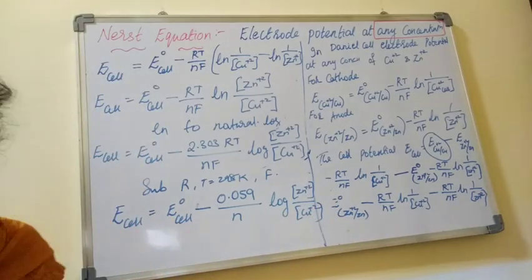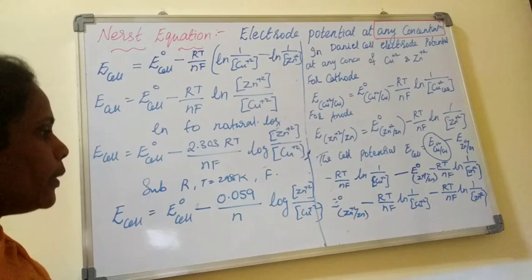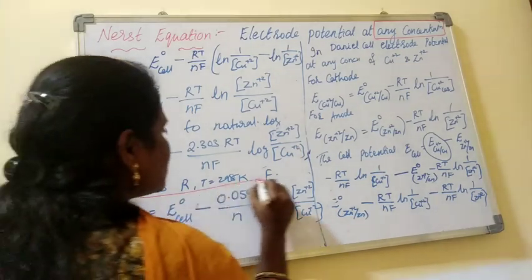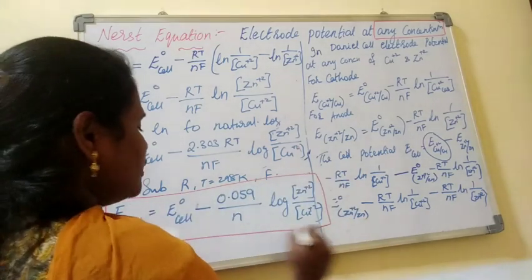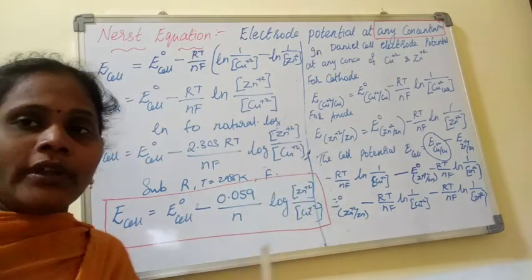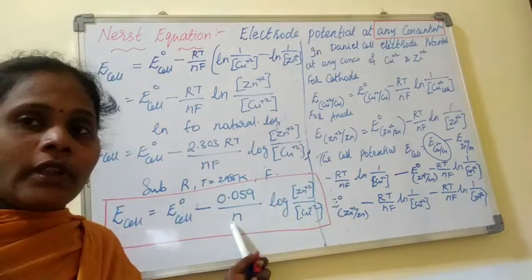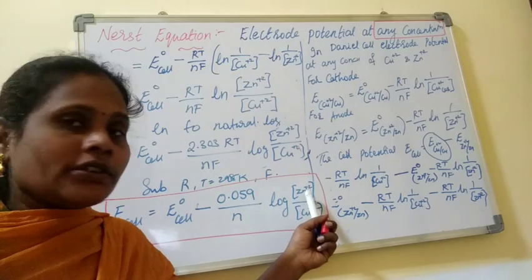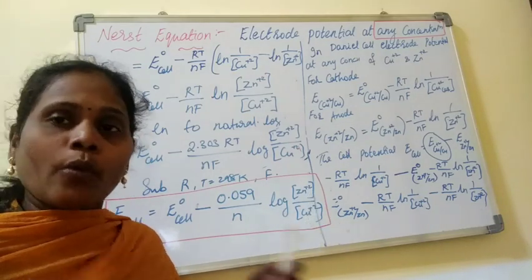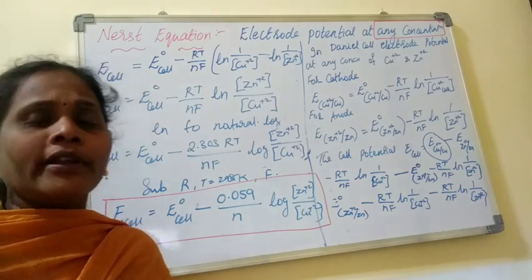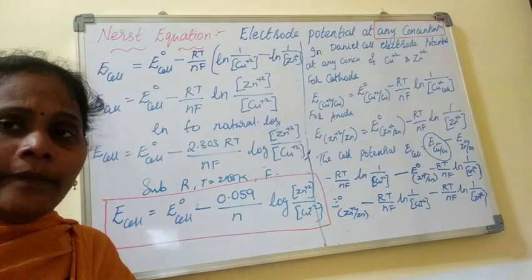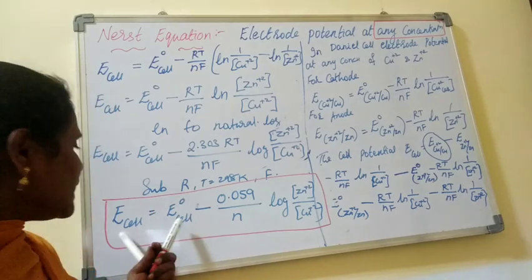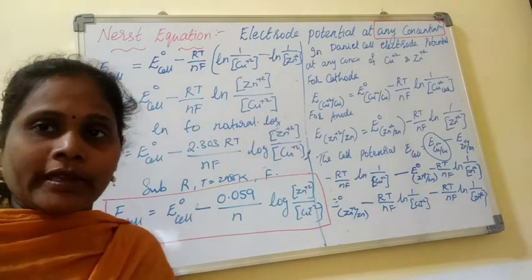So this is the Nernst equation for the copper zinc electrode. Now by using this equation, N I can substitute 2, and I can substitute the concentration of zinc and the concentration of copper, whatever I take, 0.1, 0.2, 0.001, whatever concentration I take, I substitute, and I will get the E cell of that electrochemical cell.